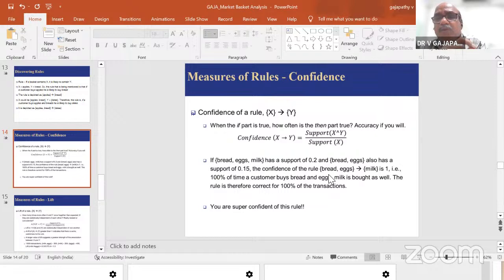The confidence of the rule bread X implies milk is 1. That is, 100% of the time a customer buys bread and eggs, milk is bought as well. The rule is therefore correct for 100% of the transactions. That is what the confidence is saying. The confidence here is 1.